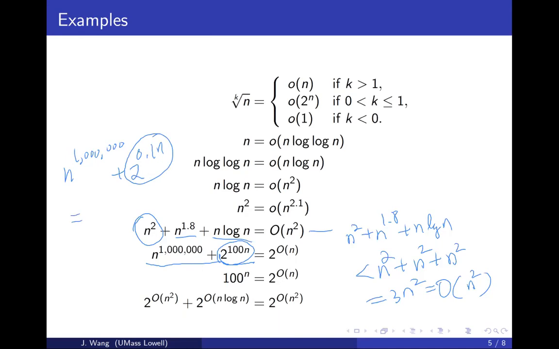Of course, we can use a big O to replace the constant, because 0.1 is just big O of 1, a constant.